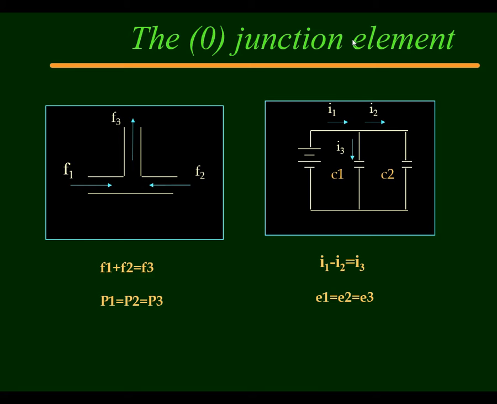You have the zero junction here, which is this type of connection that you see on the left hand side, where the flow goes in this way, another flow goes in this way, and another one continues like that.